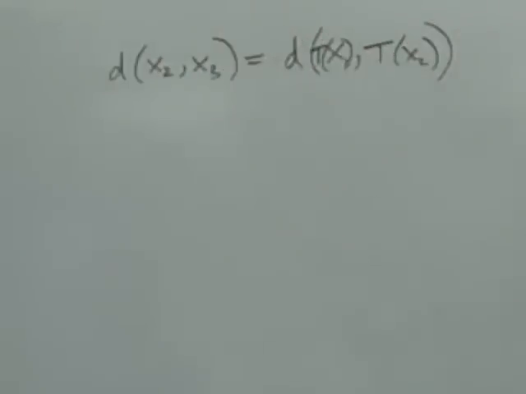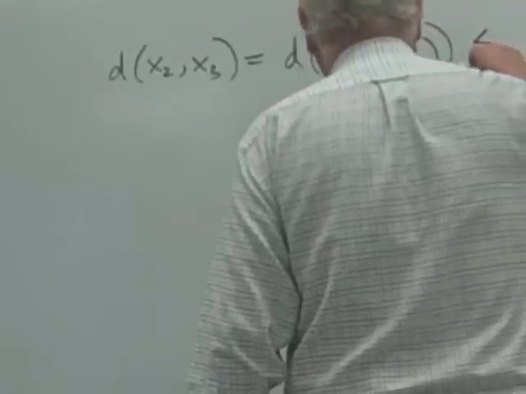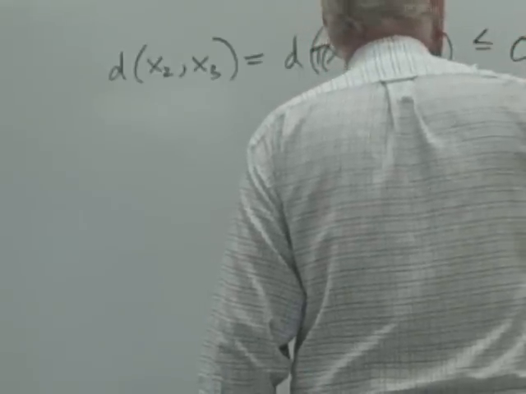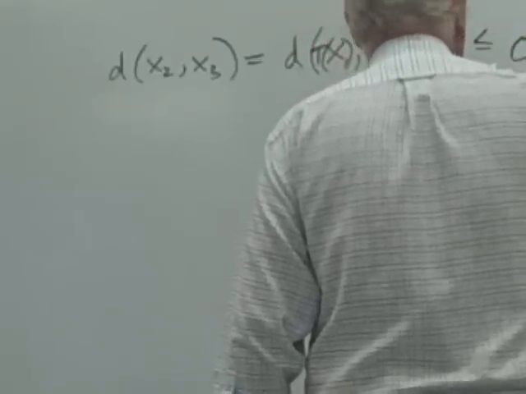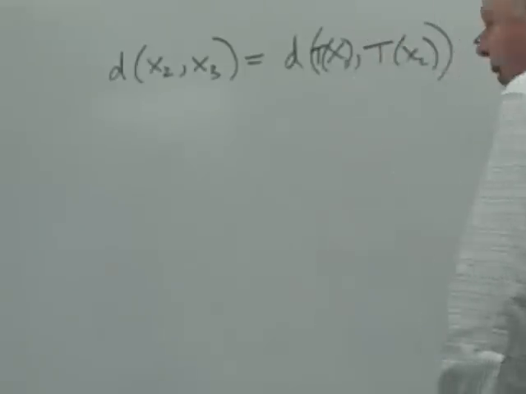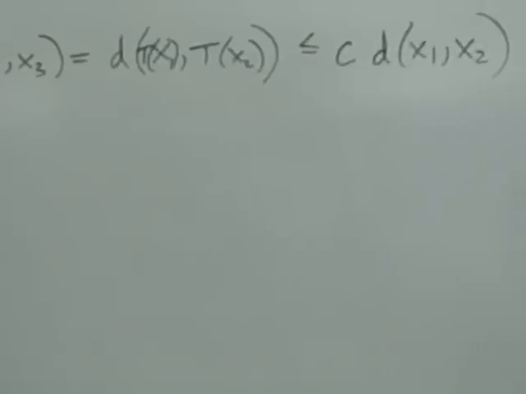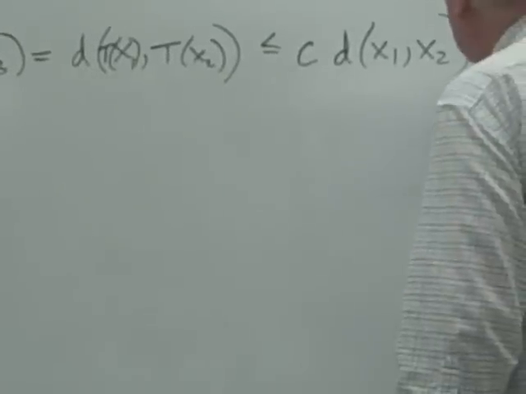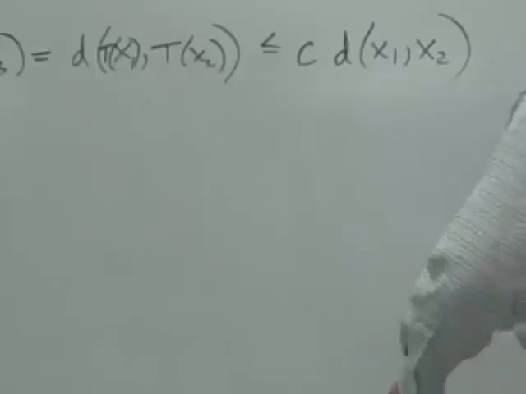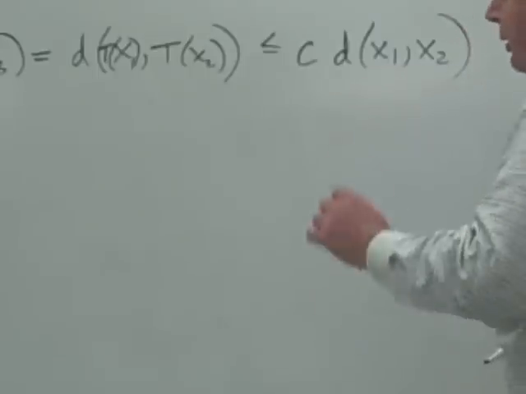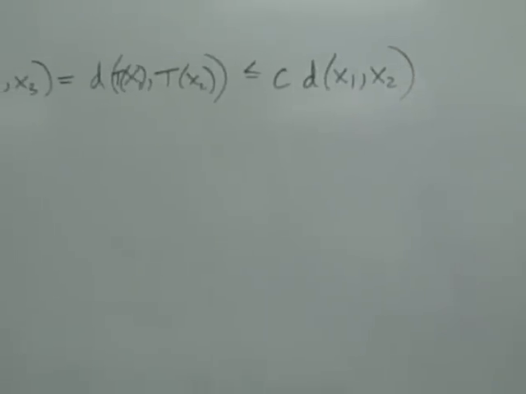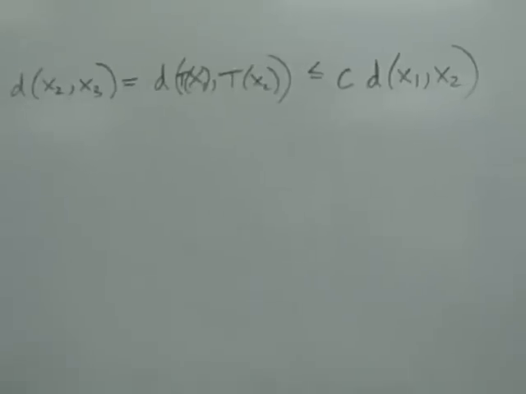And using the contraction property, that is less than or equal to c times the distance between x1 and x2. So no matter what x1 and x2 are, x2 and x3 are closer together than the original pair.